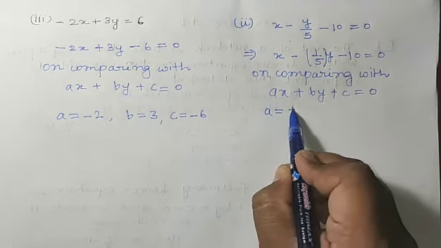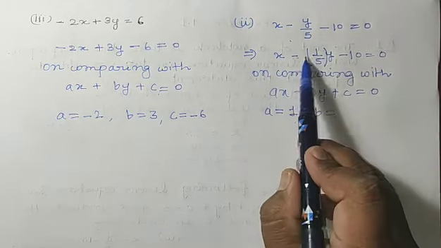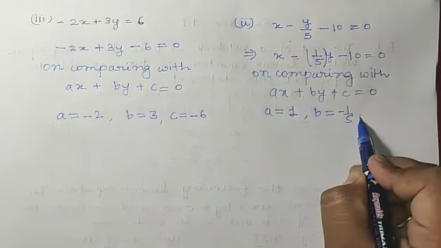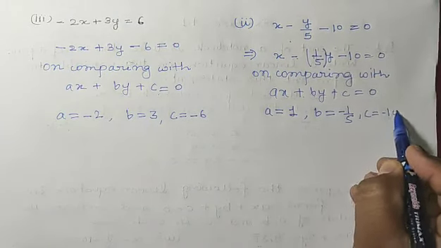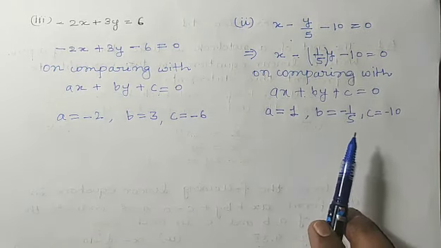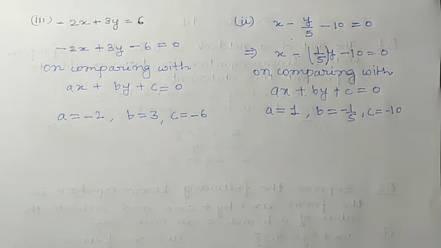At the place of a, 1 is there. At the place of b, it is minus of 1 by 5, so you can write the value of b is minus 1 by 5, and c is what? Minus 10. So both are correct students, this solution and that also that I have told you earlier. Okay, so like this students, whatever the parts are left, you will solve yourself.